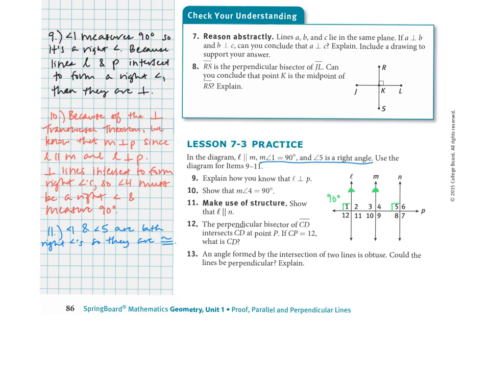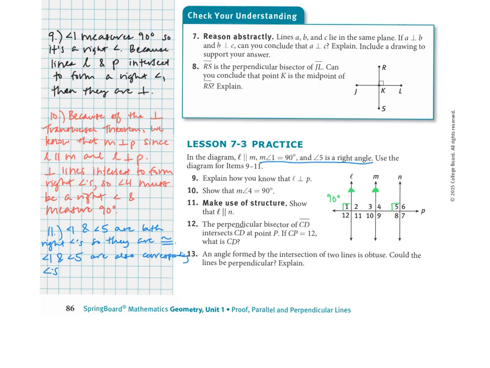So if you notice, they are also corresponding angles. So we could bring up that relationship. They're congruent and they're corresponding angles. So we're going to say angle 1 and angle 5 are also corresponding angles. Now remember, corresponding angles are formed by two lines with a transversal cutting across them.